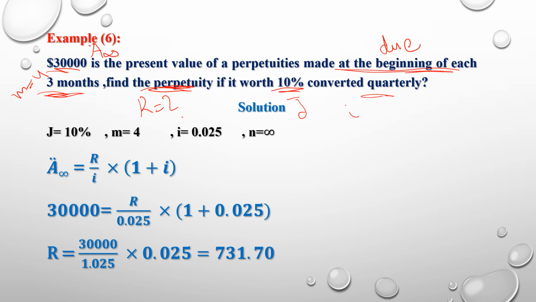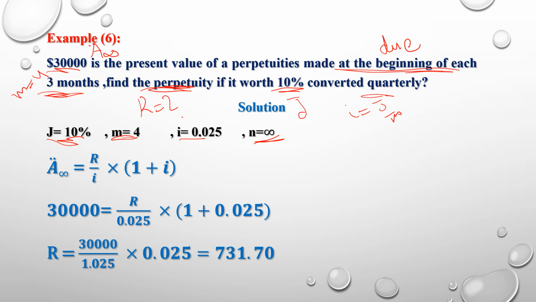So I equals j over m. Then j is 10%, m equals 4, and I equals j over m, which means 0.025, and n is infinity. And in this example, he's asking about the value of the perpetuity.